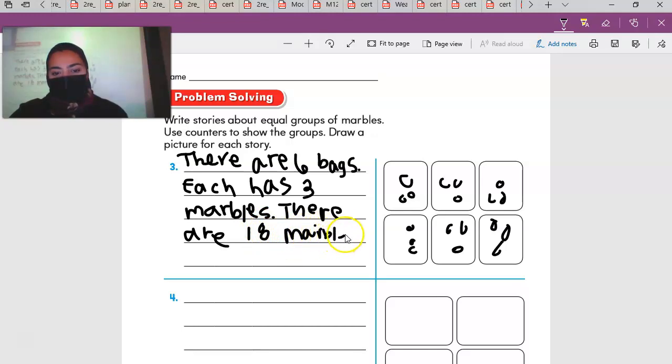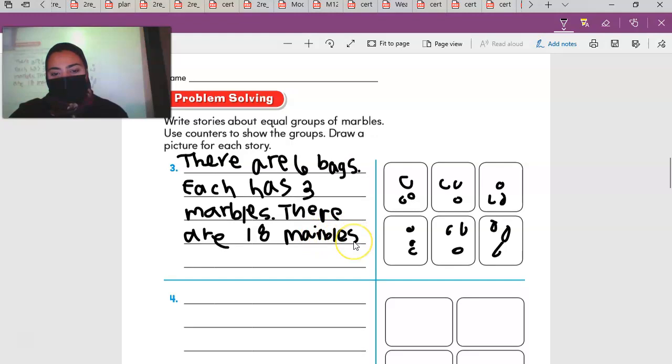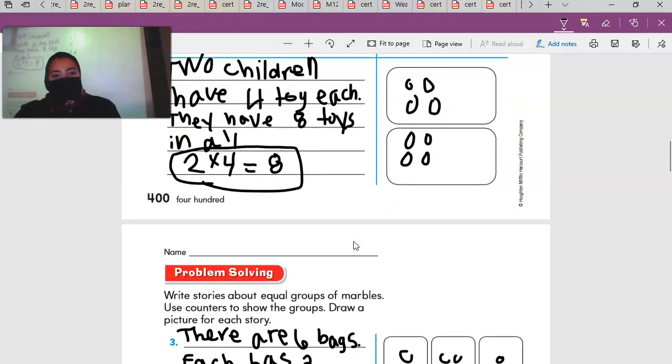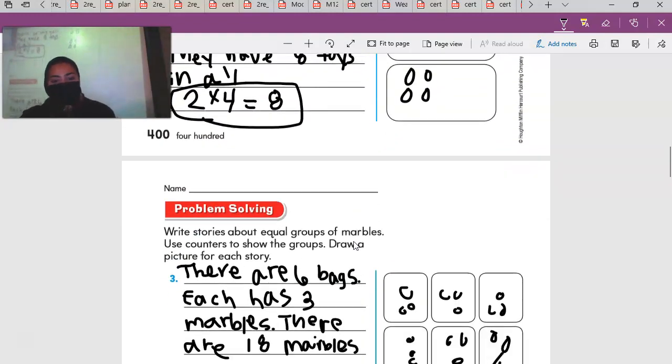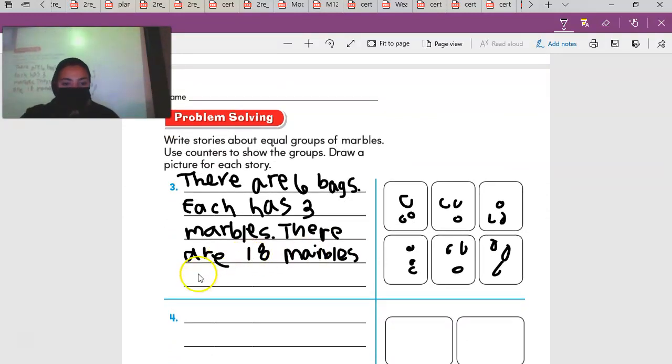Very good. In all. Okay, and if I write that as a multiplication sentence, Leah, what is it? How many groups? 6 times, good, 6 times 3 is what, Leah? 18.